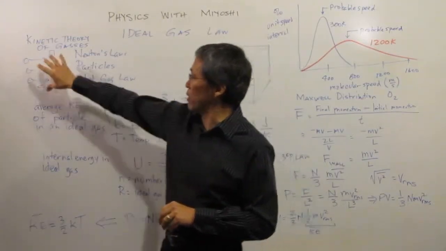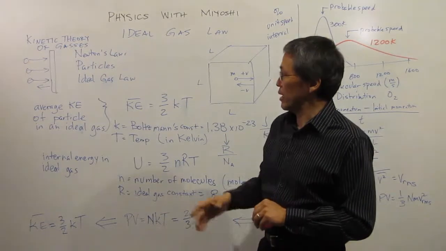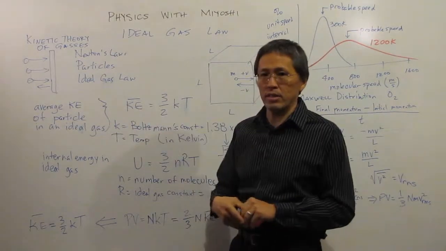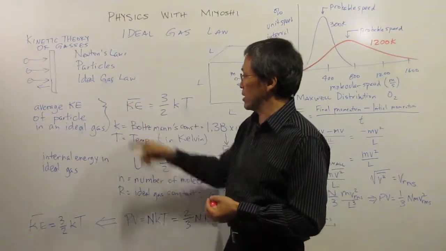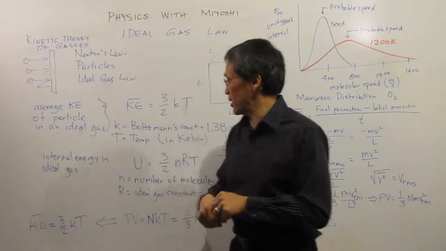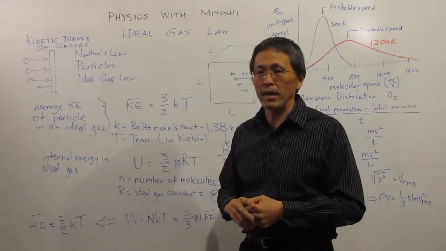But they impart a force, which in turn creates a pressure. And we're going to talk about how the average kinetic energy for a single particle in an ideal gas is related to the temperature, something we can actually measure.